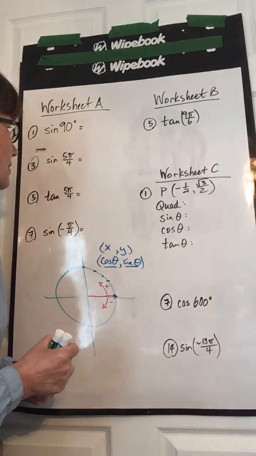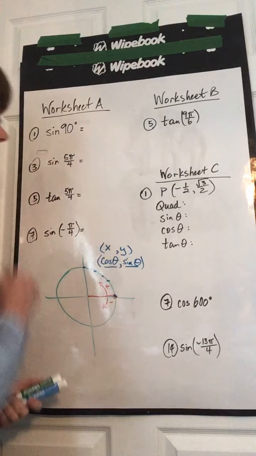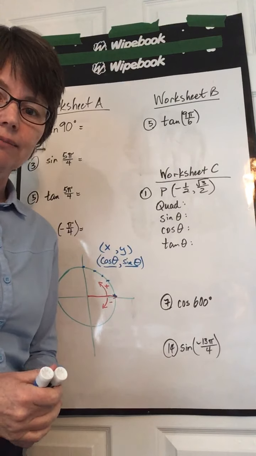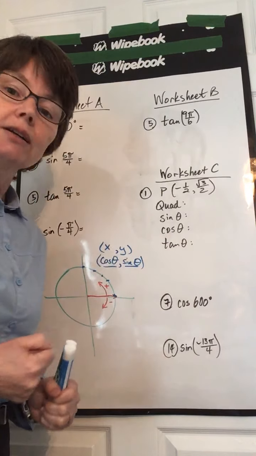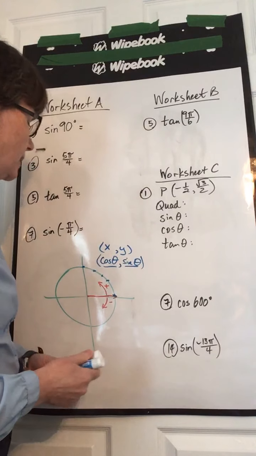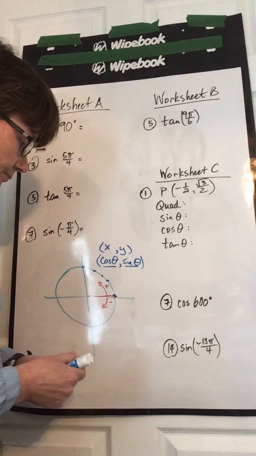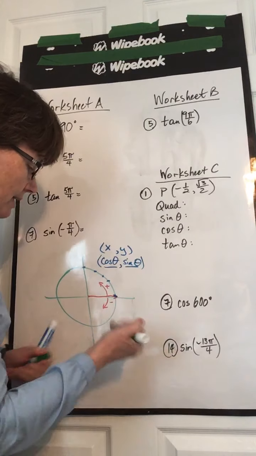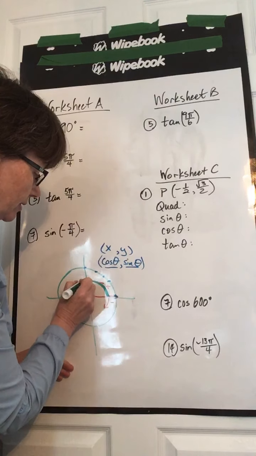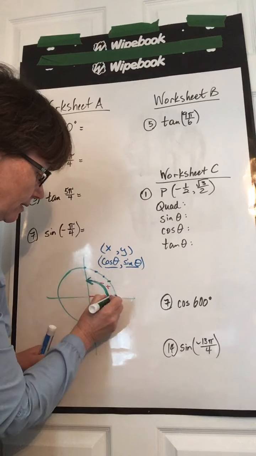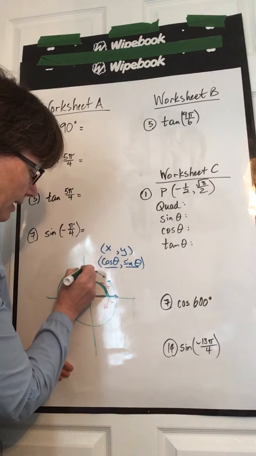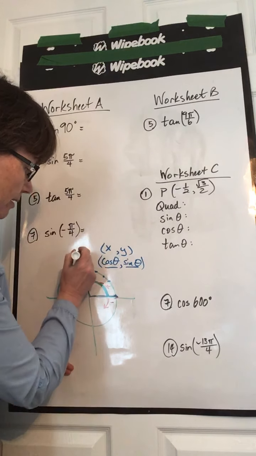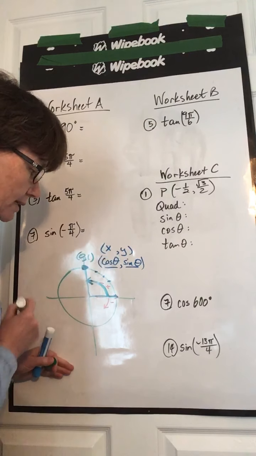So let's go to number 1 on worksheet A, the sine of 90 degrees. So at sine, we're going to be looking for a y coordinate. So we come to our unit circle. It's a positive angle, so we're going to go in the positive direction. 90 degrees brings us to here, and then takes us to this ordered pair, which is (0, 1).